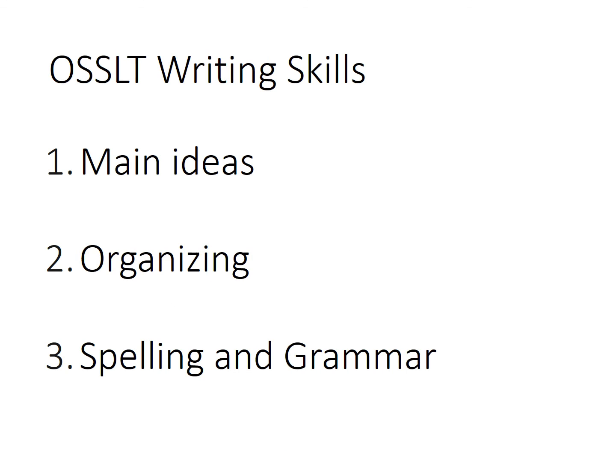The important writing skills that you need for the OSSLT are identifying and having a main idea for your writing, organizing your writing into paragraphs that support your main idea, and some spelling and grammar skills.